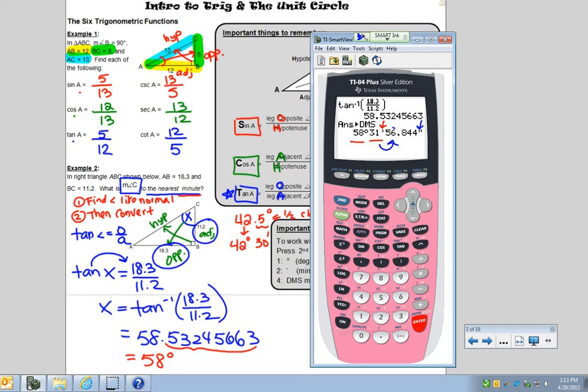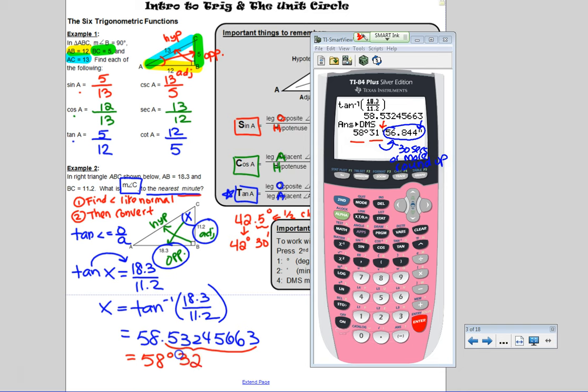So just like a clock, 56 seconds, is that going to be closer to the next minute? It definitely will be. Just like a clock, you go up to 60 seconds to reach your next minute. So 30 seconds or more, you round up. So our final answer then will be 58 degrees, and it will round to 32 minutes.